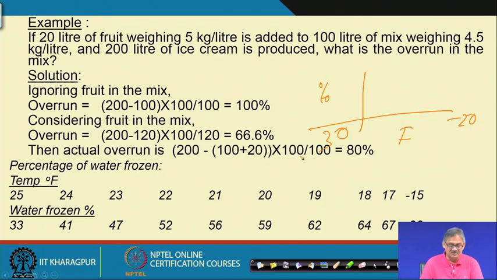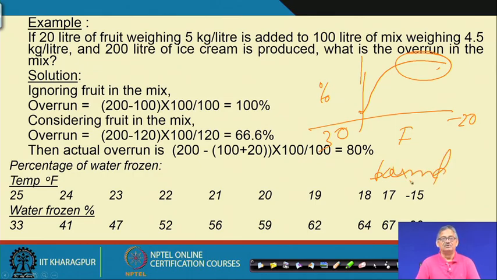If that be so, 30 Fahrenheit is 33%, and minus 15 is 90%. So, your curve is going like this, asymptotic, right. So, percent water frozen becomes, and this is telling us about the bound water, right. This is telling about the bound water.